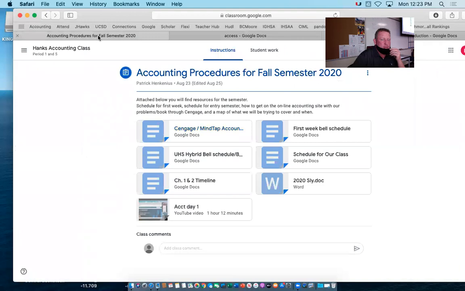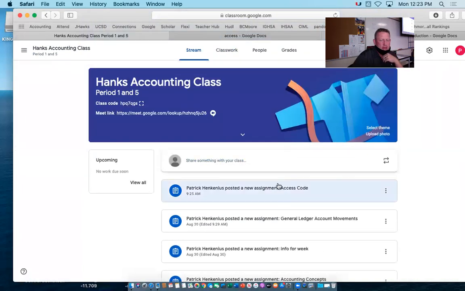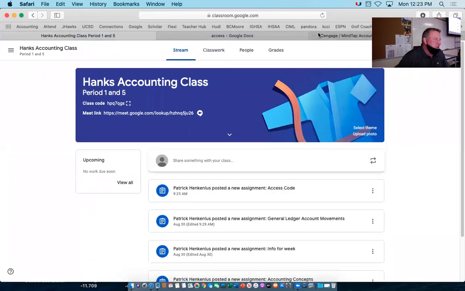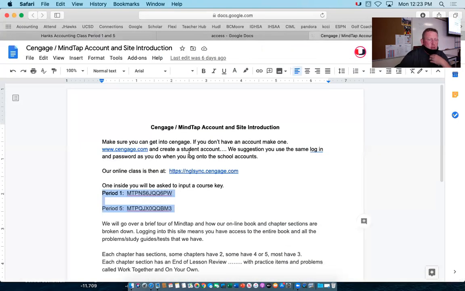But if you have any problems, you go into class, the access code's there, and you should be able to access it just fine. Okay? All right. But I think we shouldn't have to do it anymore. You should be able to just go to that Cengage, go to that NG, whatever, and you should be able to do it. You don't want to go to Cengage.